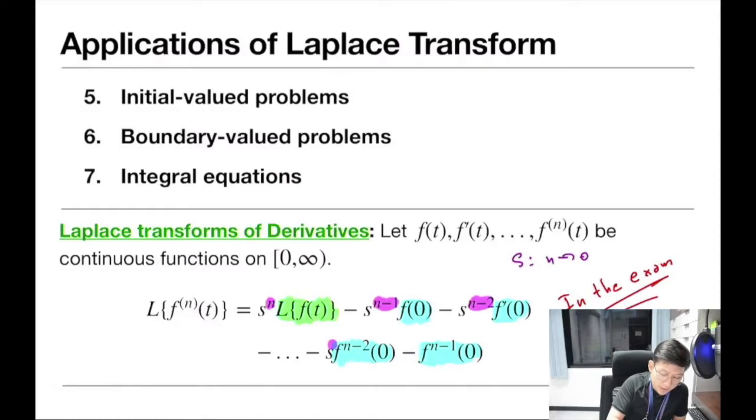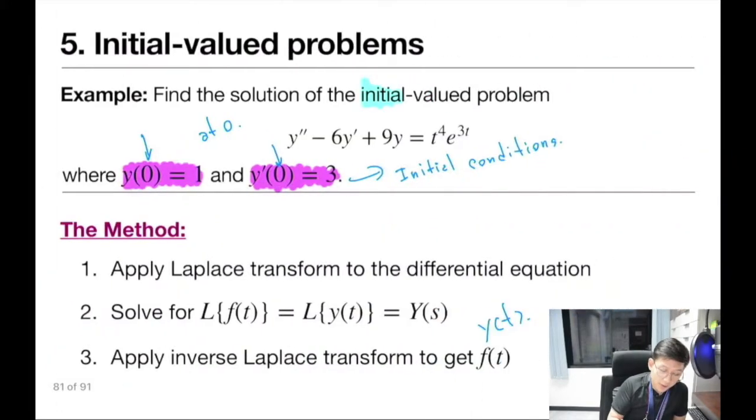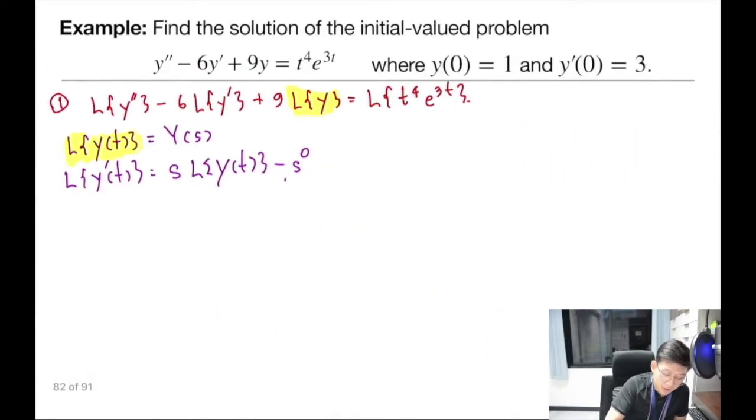Guys, don't forget, right now our n is 1. So 1 minus 1 is 0, which is the last term that we want, because s to the 0 is actually just 1, so I don't need to write that down.